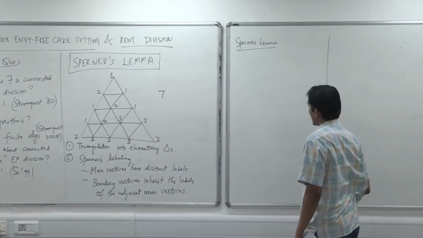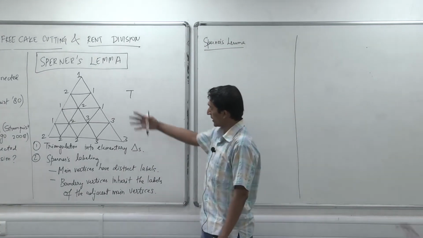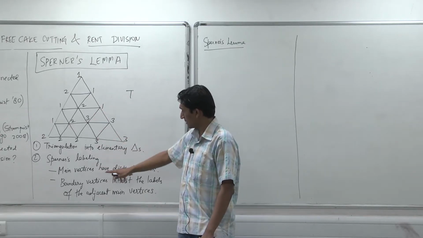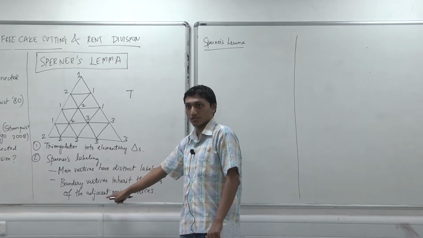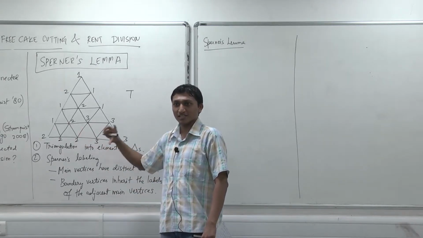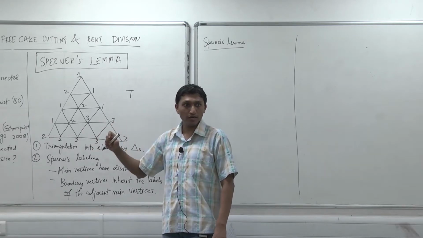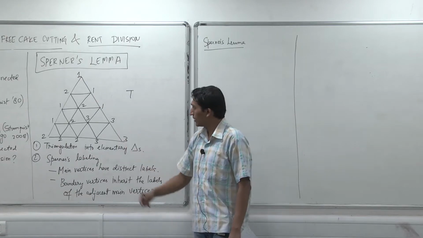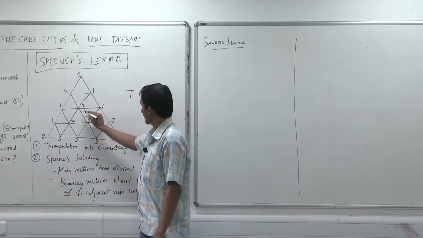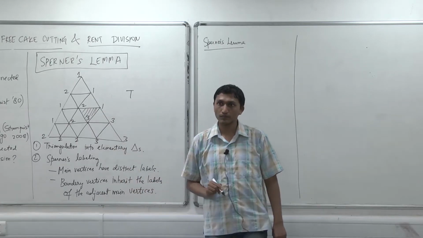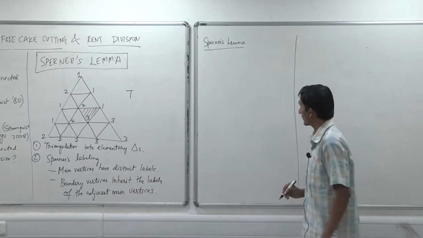Now Sperner's lemma states that whenever you have a triangle that is subdivided into such triangles and labeled in a way that is consistent with these conditions, there always exists a baby triangle that is fully labeled. By fully labeled, I mean that it has all three labels, 1, 2, and 3. And you can see that there's one here.